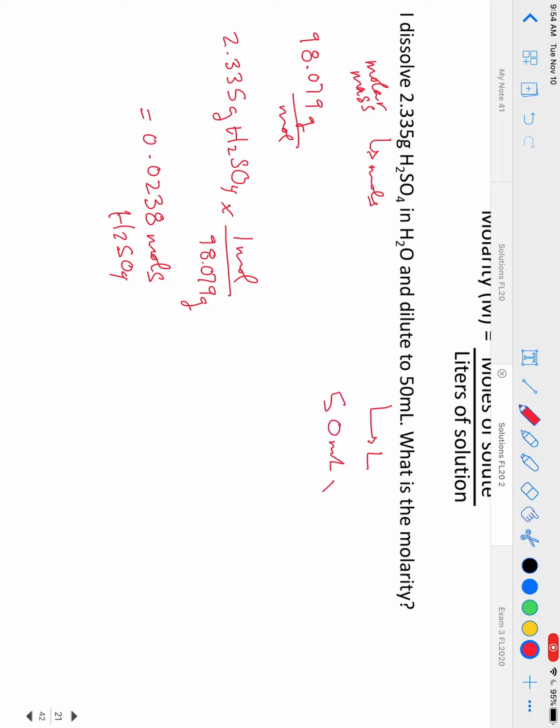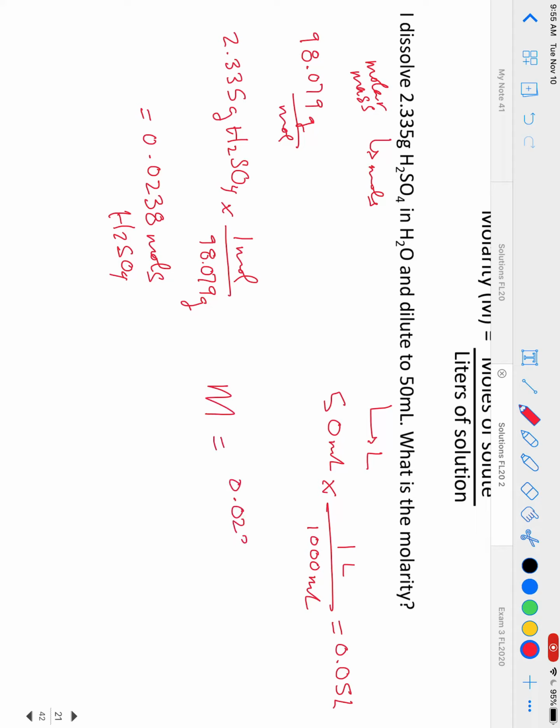All right, and then 50 milliliters, we'll do this part, convert that to liters, so there's 1,000 milliliters for 1 liter. So 50 divided by 1,000 should be 0.05 liters. Now we can plug in moles on the top, liters on the bottom.